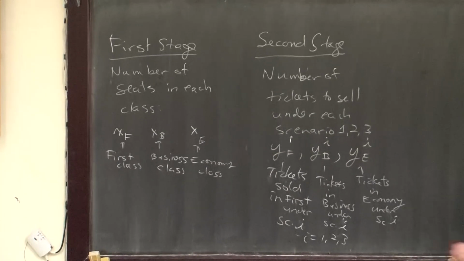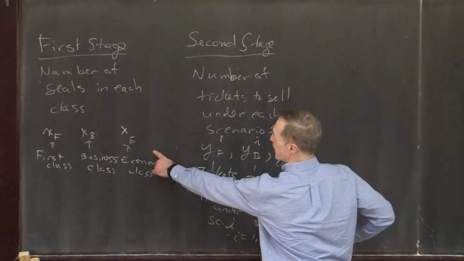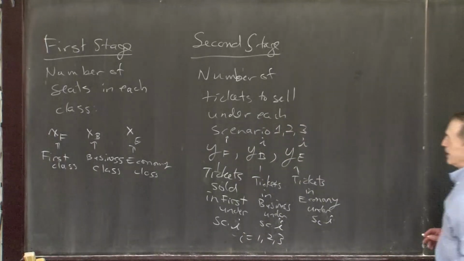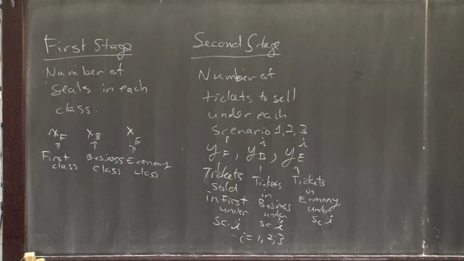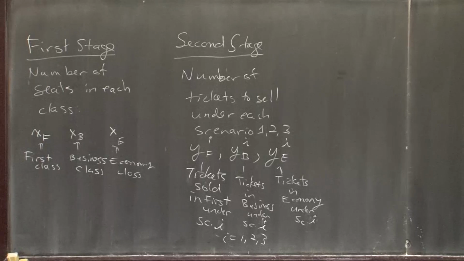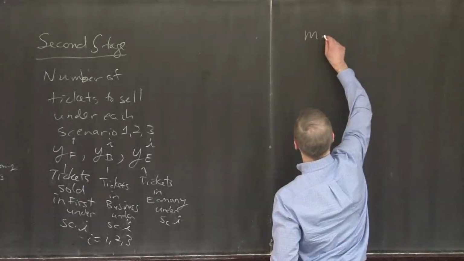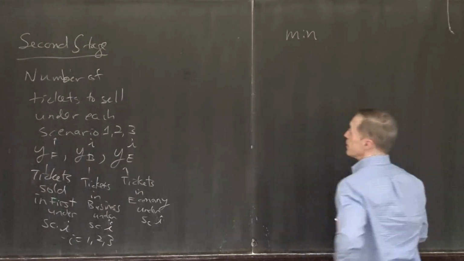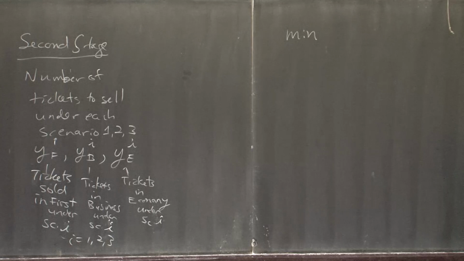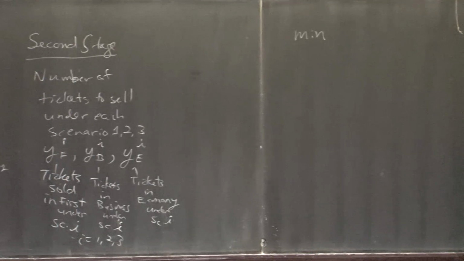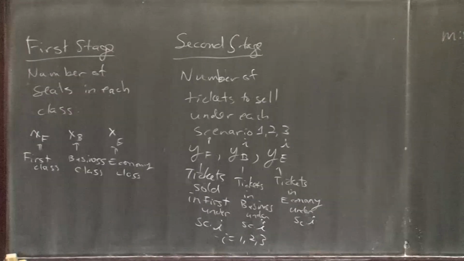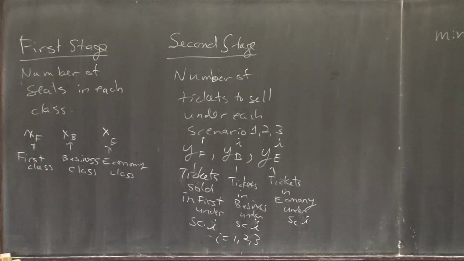Okay, so in the first stage, we make this decision. In the second stage, we make the second decision. And now we can set up the problem. What do I want to do? I want to minimize the expected value of the first stage decisions plus the second stage decisions.